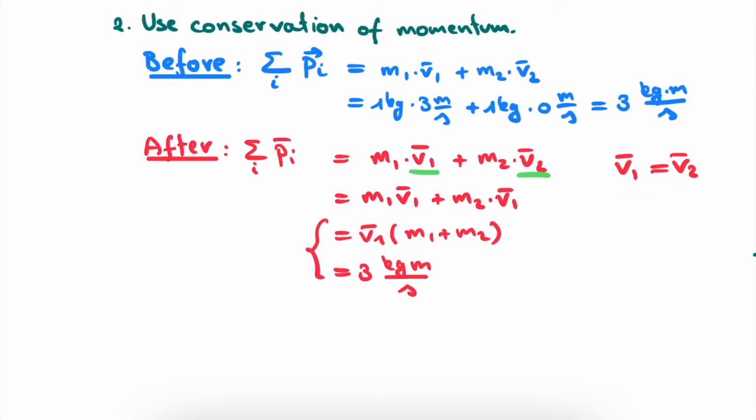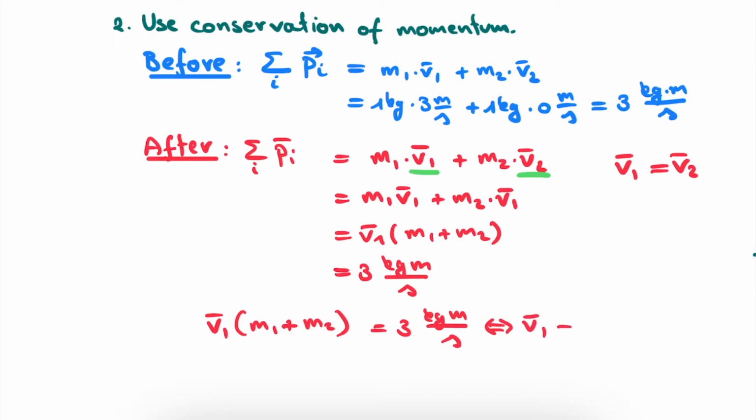So rewriting this equality sign right here, we have that v1 multiplied by m1 plus m2 is equal to 3 kilogram meter per second. Or we can write it differently as v1 is equal to 3 divided by m1 plus m2 kilogram meter per second.